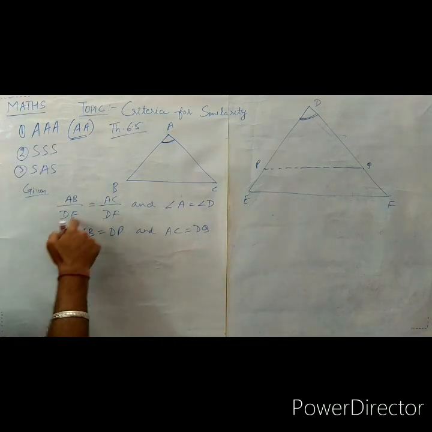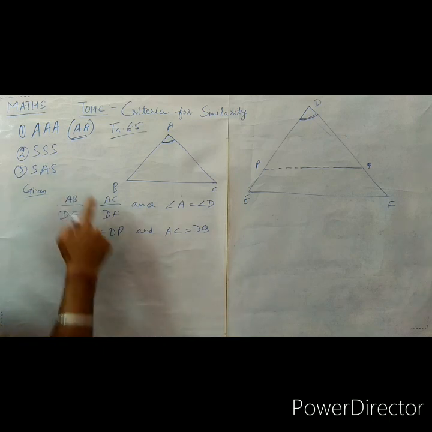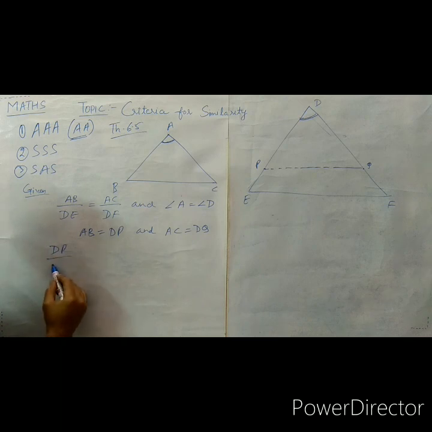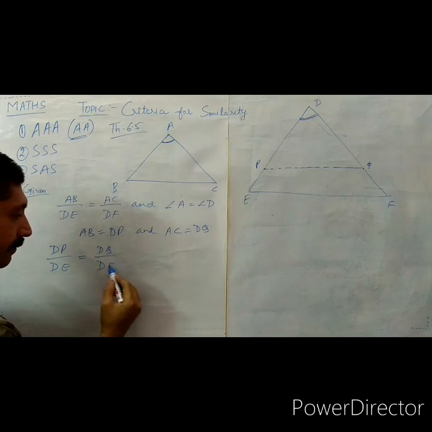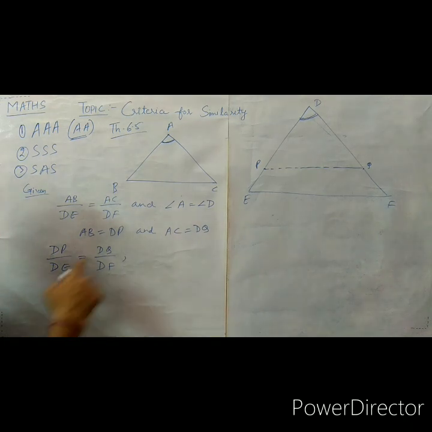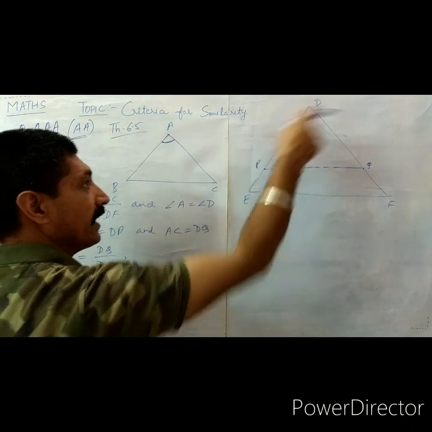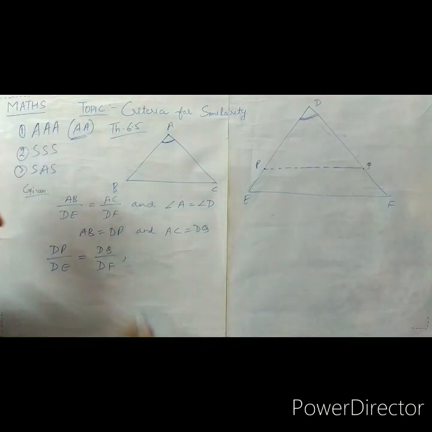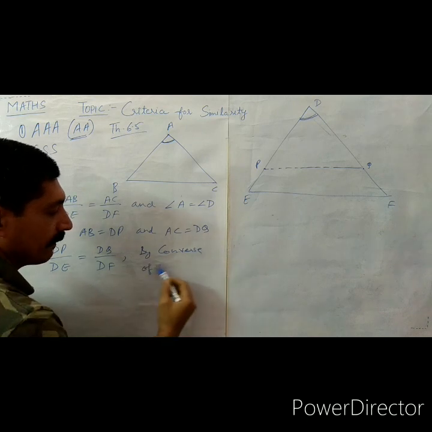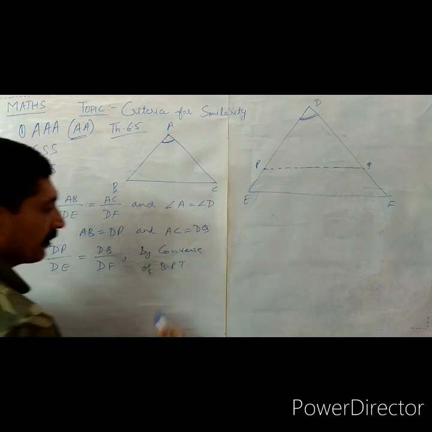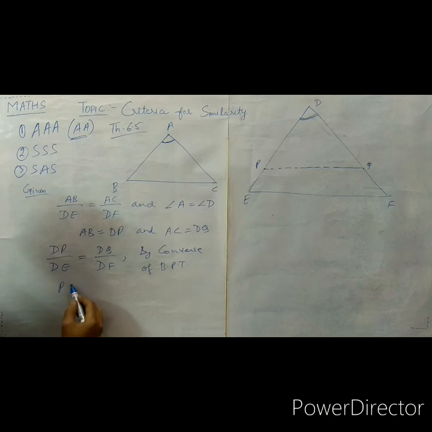Now we have AB equal to DP, so we can write DP upon DE is equal to DQ upon DF. So by the converse of BPT, we have PQ parallel to EF.